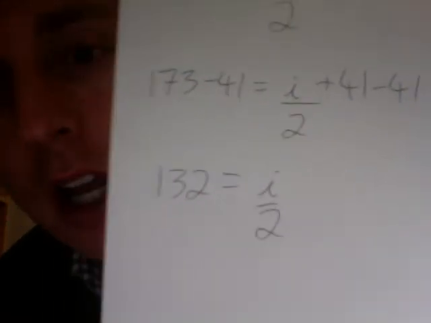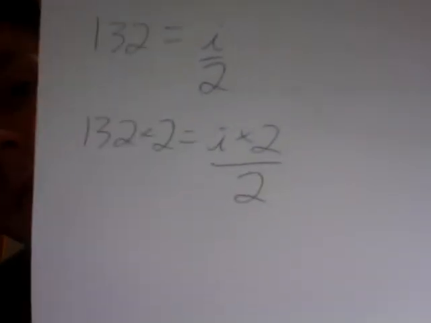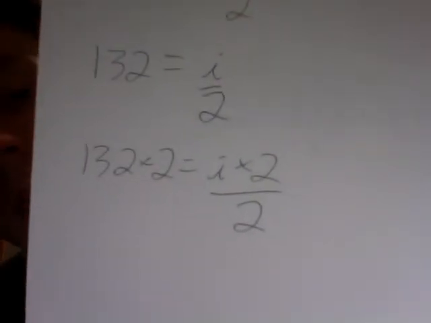Opposite operation. So we're going to multiply each side by 2. So 132 times 2 equals I times 2 divided by 2. And that comes out to be 264 on the left equals I.